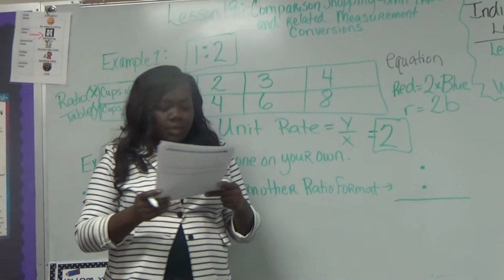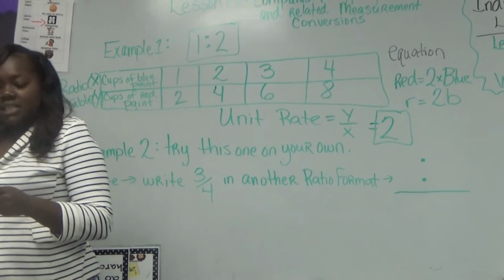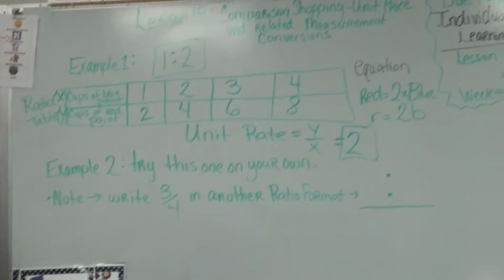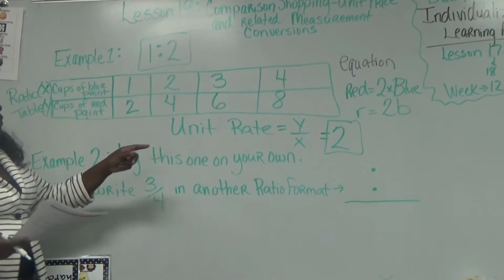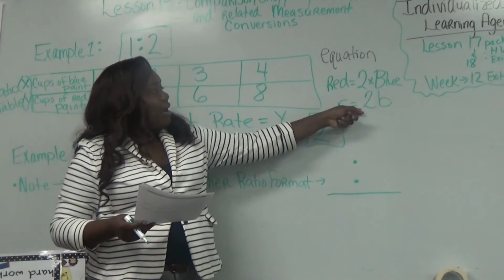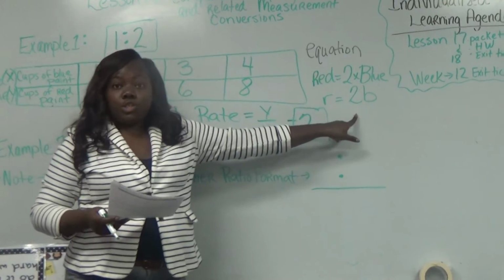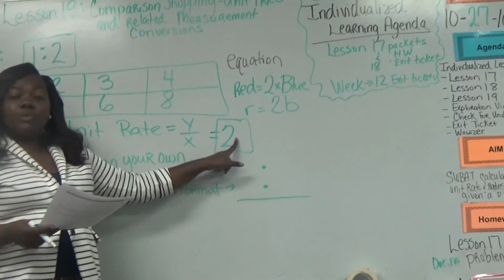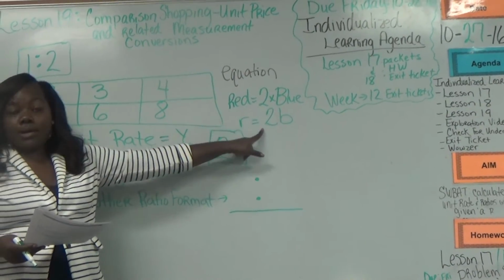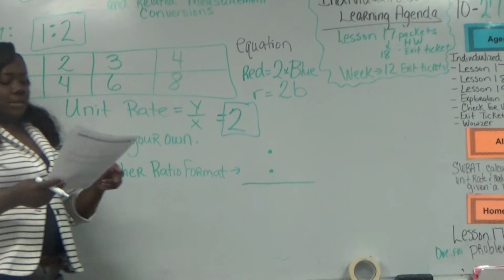Now it says, where do you see this value in the equation? We see that it's represented by the equation that we started with. Remember the equation that we started with was R equals 2B, right? So we see that this 2, which is our unit rate, is also in our what? Equation.